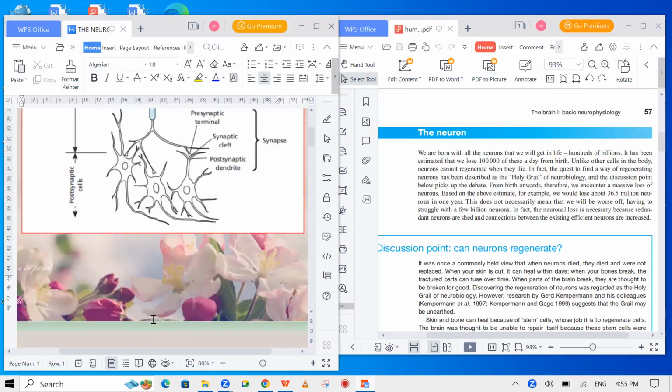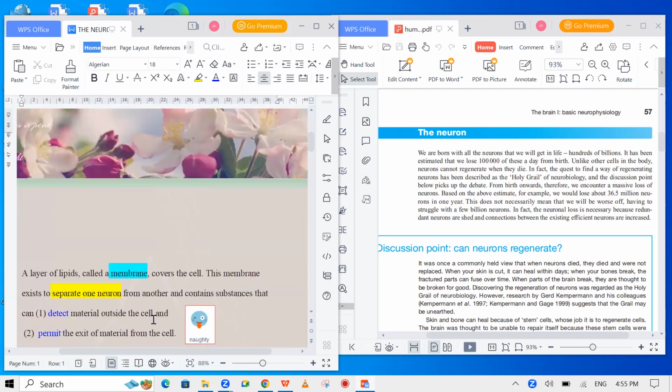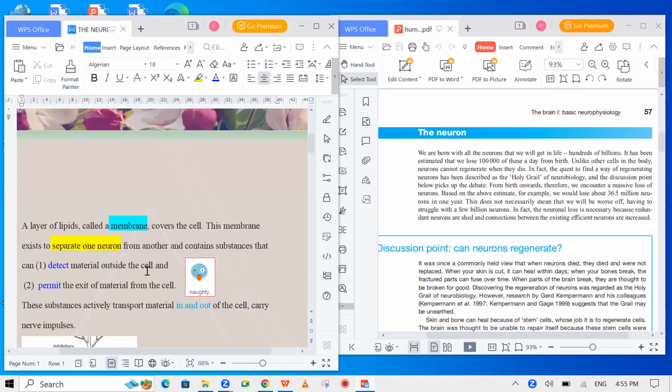A layer of lipids called the membrane covers the cells. It separates one neuron from the other, and it contains a substance that, number one, detects the material outside the cell, and number two, permits the exit of material from the cell.